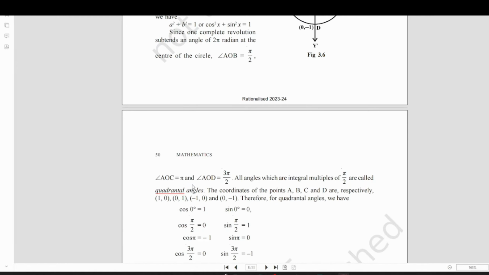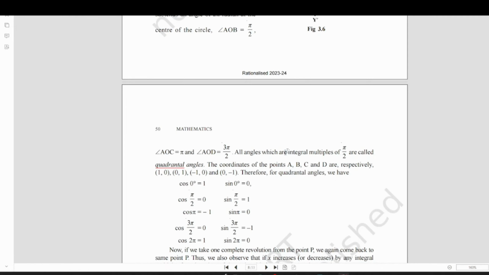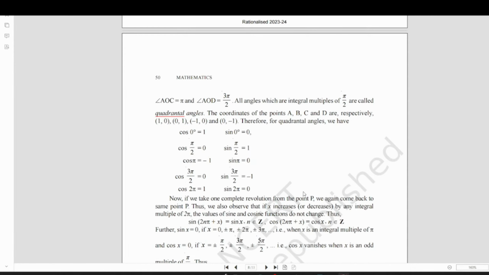So AOB is 90 degrees, and AOC is pi. Multiples of every 90 degrees are called quadrantal angles. Don't worry, this will never be asked in your competitive examinations or anywhere.